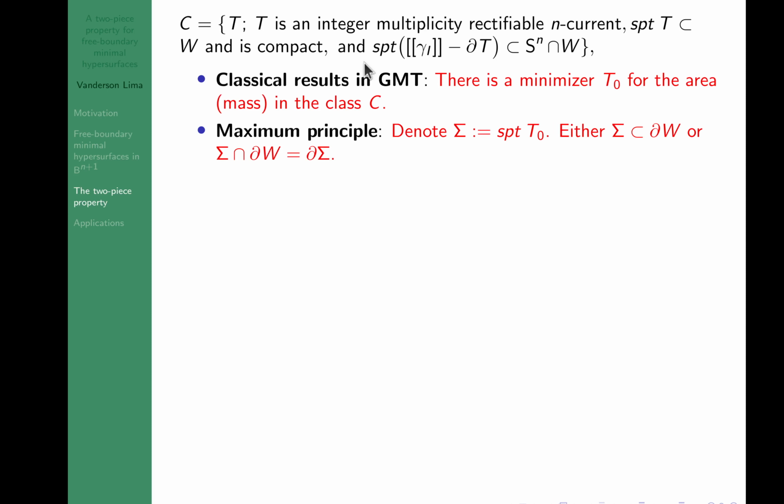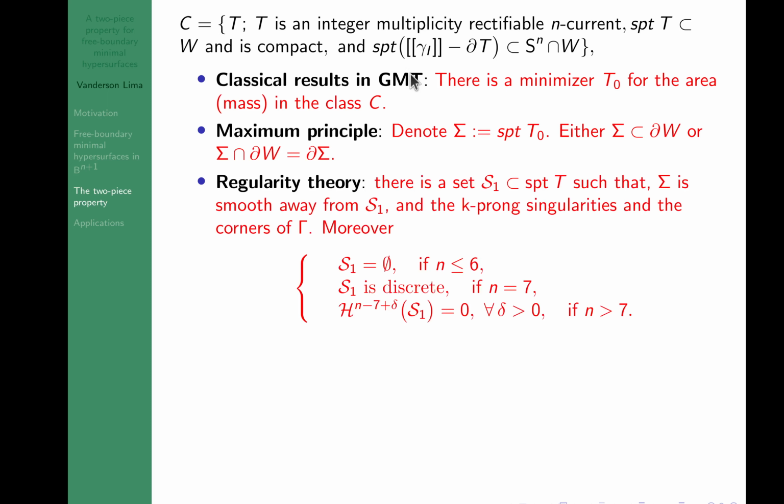On the first case, sigma is inside the boundary of W. I already know that the boundary of W is a smooth hypersurface, but in the other case I have to try to prove regularity using GMT. So what does regularity theory say?